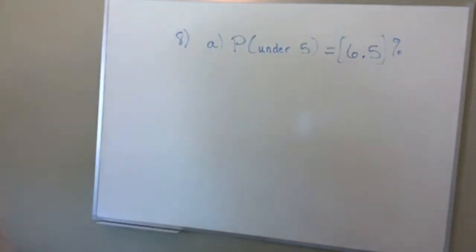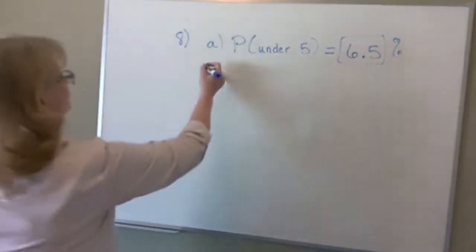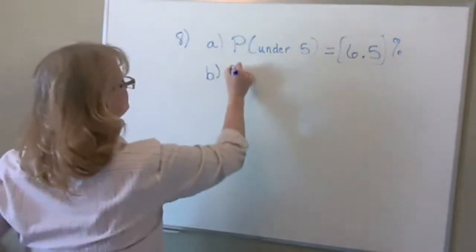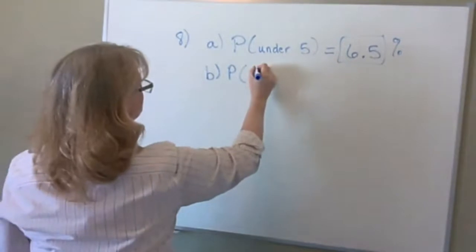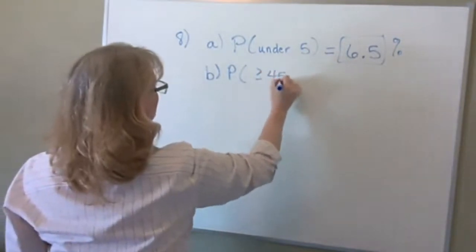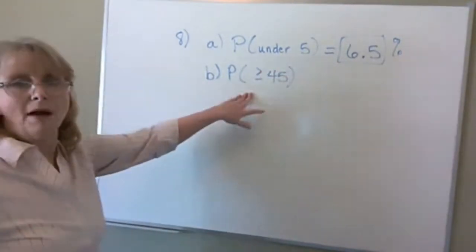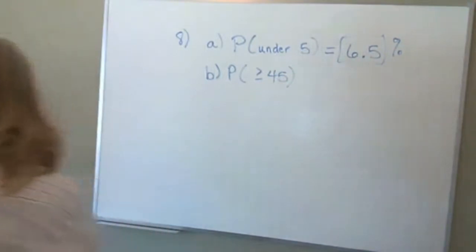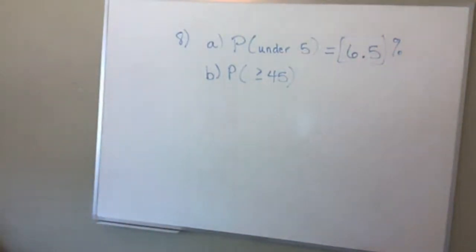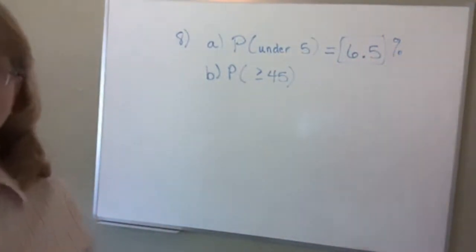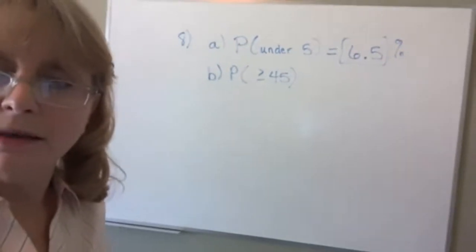The next one says, what's the probability of randomly selecting someone who's 45 or older? So I could write that the probability that they're greater than or equal to 45, because it says 45 or older. So let's look at that circle graph again, that pie chart.